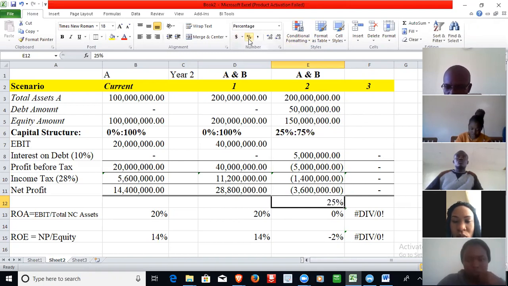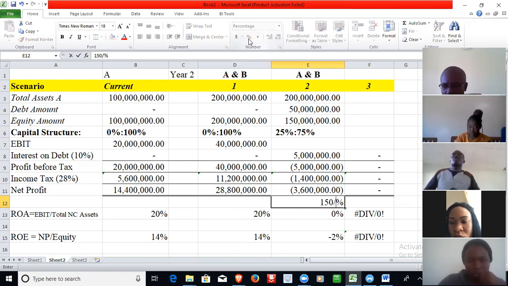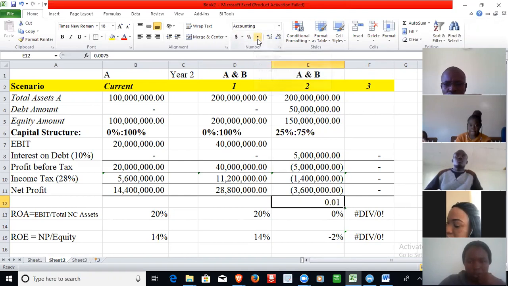Then 150 million divided by 200 million expressed as a percentage.